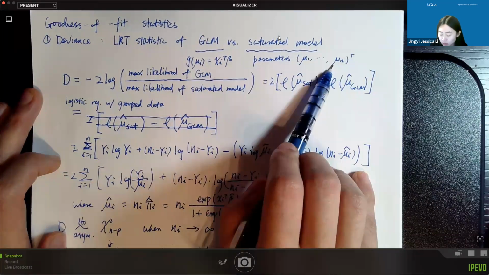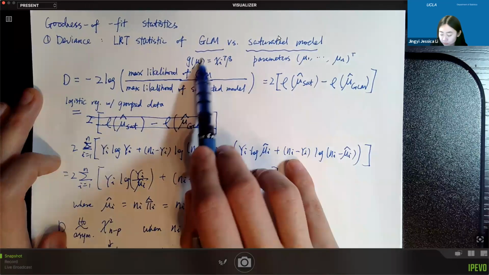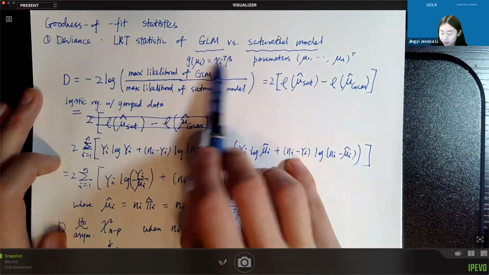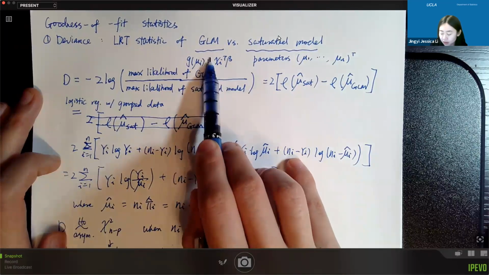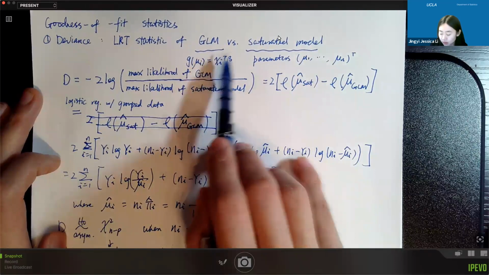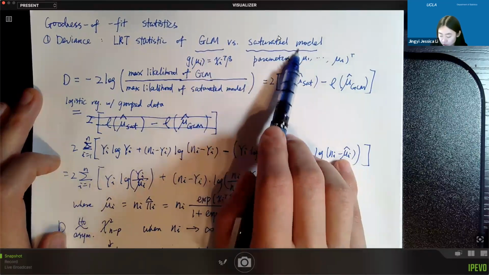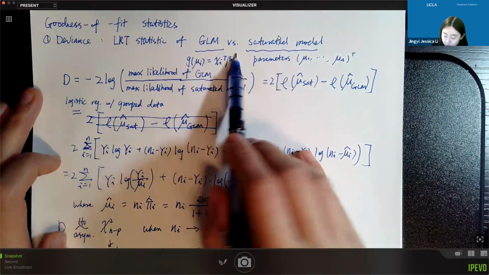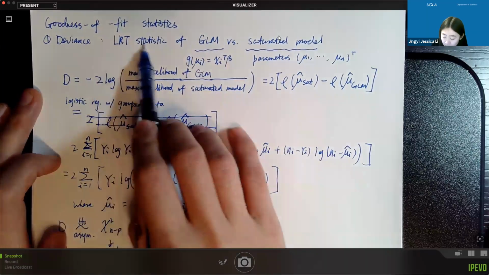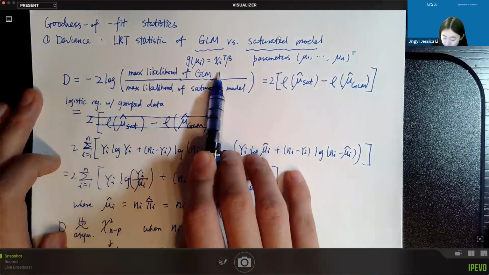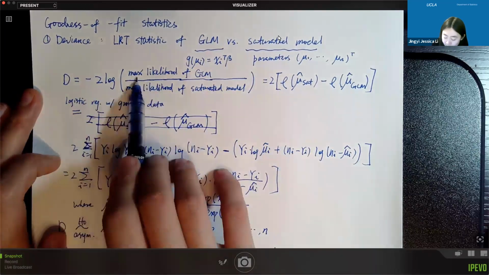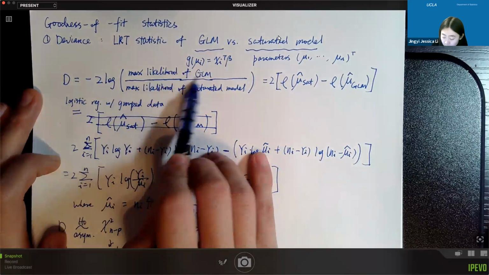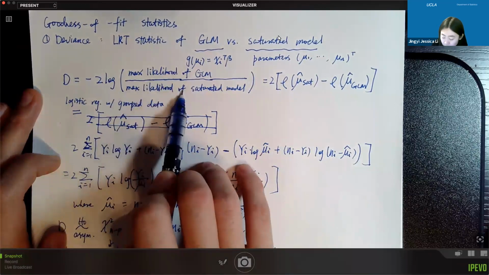So we want to know whether this simpler, less complex GLM can fit our data similarly to what we can achieve with the saturated model. In order to use this likelihood ratio statistic idea, we are going to compare the maximum log likelihood of the GLM versus the maximum likelihood of the saturated model.